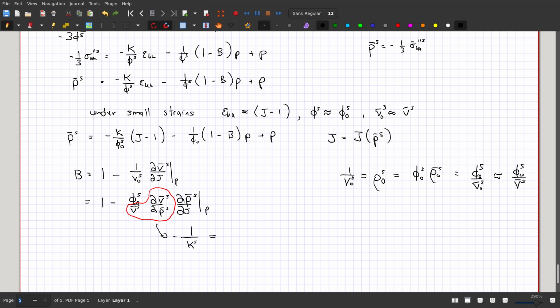It's actually negative according to the common definition. That's the definition of the bulk modulus of the solid. So basically I can replace this term with 1 over Ks. There's a minus sign out front. Now this guy we can compute from the constitutive model.